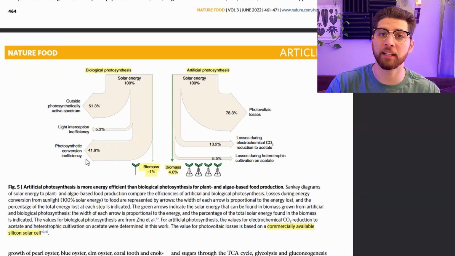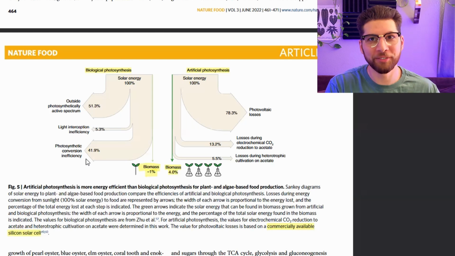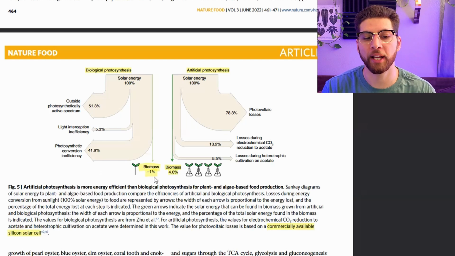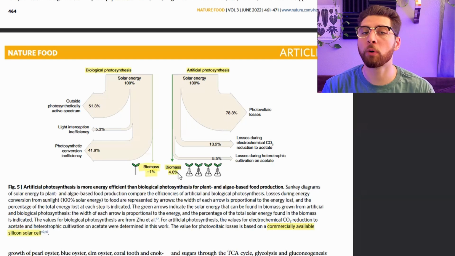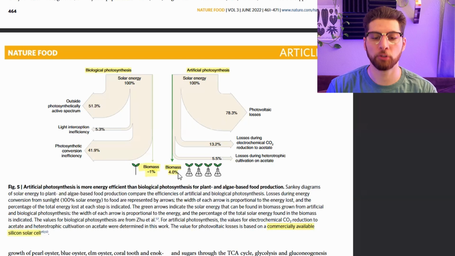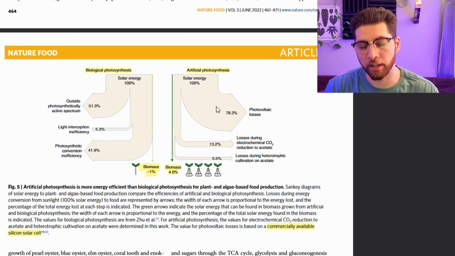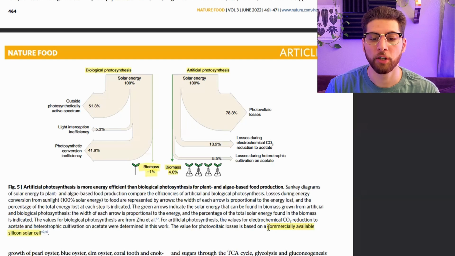So from that light that the plants actually get, most of it is not utilized efficiently. So we end up with plants around 1% biomass, whereas again with artificial photosynthesis, we're converting about 4% of the energy from the sun to biomass in plants. Really, really cool stuff. And these numbers are based on commercially available solar panels.